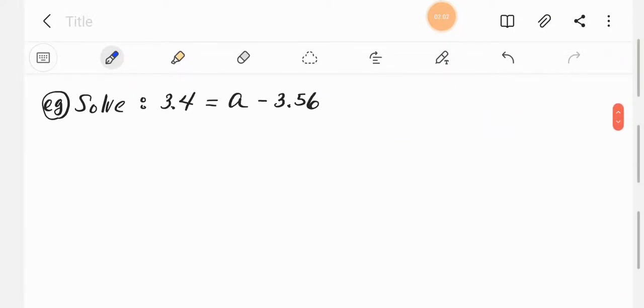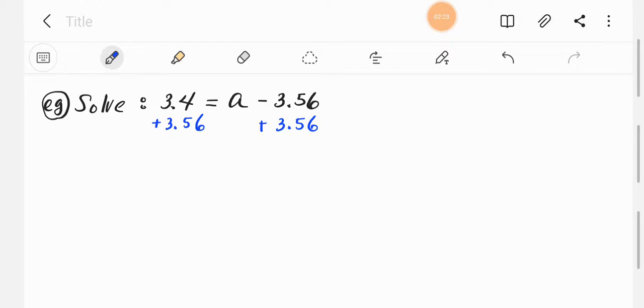Solving an equation means finding the value of a so that the equation is always true. So in this case, we want to leave a alone and move this minus. So you can add 3.56 to each side of the equation.